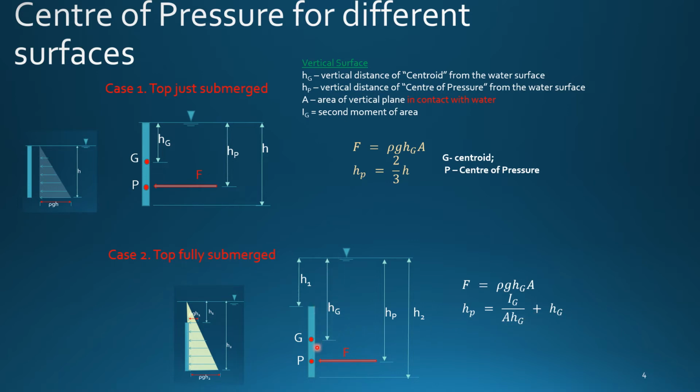Once you know the shape, the geometry, then you know where the centroid is, and you can calculate Hg. And once you know the geometry, you can also calculate the second moment of area and area. So based on the geometry, you can calculate other parameters, and from that you can calculate the center of pressure.